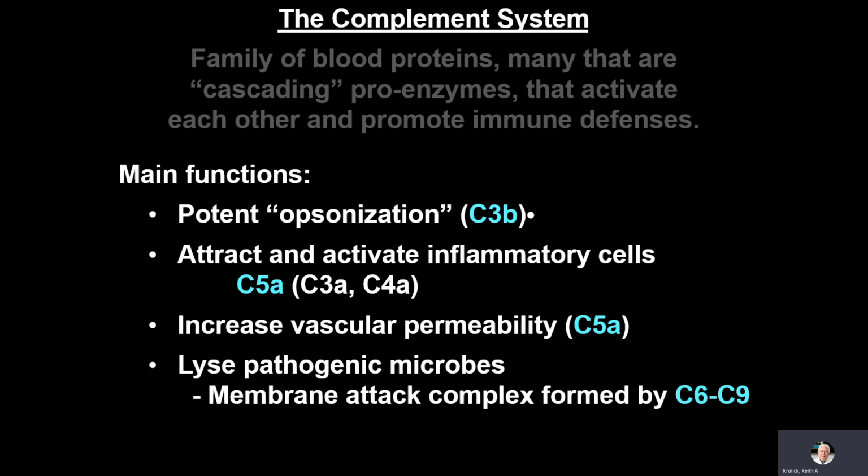So if you have a bacterial cell and you have C6 through 9 forming this channel in the membrane of the bacterial cell, anything that wants to flow through that channel can flow through it. So we have a lot of the internal cytoplasmic stuff in the bacterial cell kind of leaking out. That's not good for the bacterial cell.